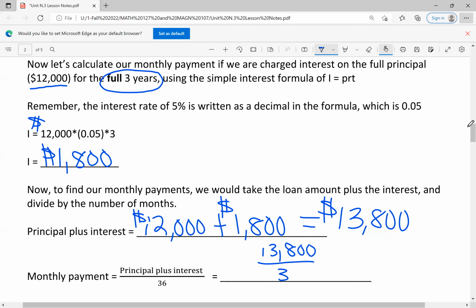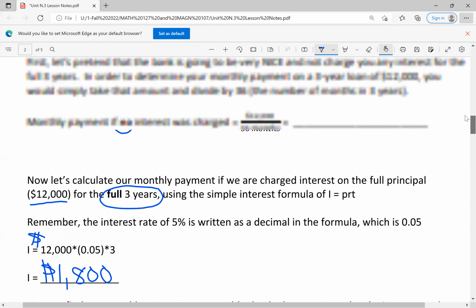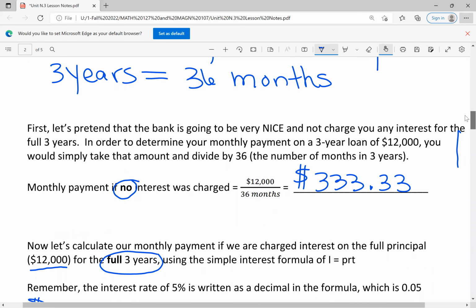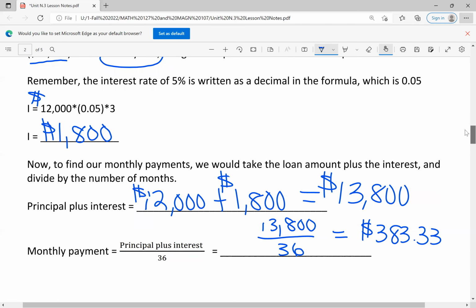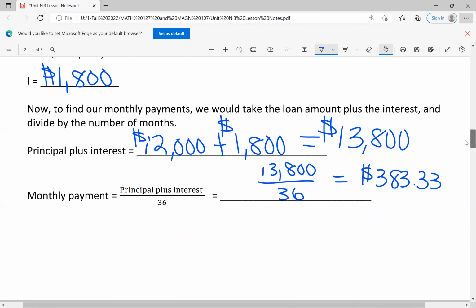And we're going to divide by 36. That's our number of payments. So that gives us an estimated loan amount of $383.33. So remember, estimated loan amount, if no interest was charged, is quite a bit lower, $333.33 estimated loan payment. If we're paying interest on the original loan amount the entire 3 years.